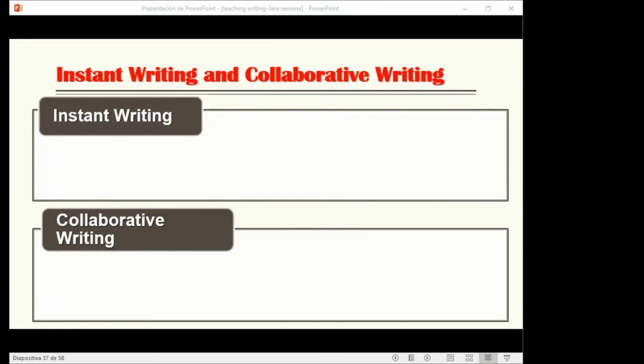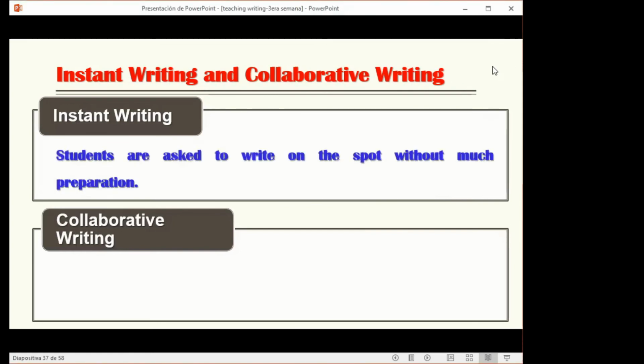Instant writing, instant. What does it mean, instant? Similar to Spanish, no? What's the meaning of instant? Tell me. Immediately. Yeah, immediate. That's it.